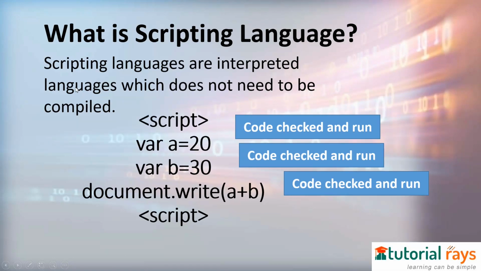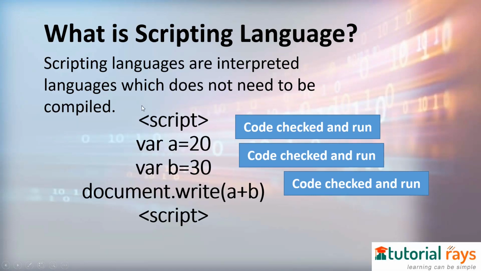Remember, TypeScript is also a scripting language, but that is compiled. So generally 99% of the time scripting languages are interpreted, but in some cases a scripting language can be compiled also, as you saw in the case of TypeScript.